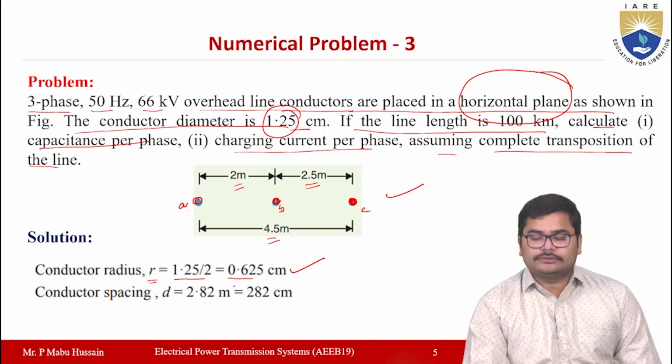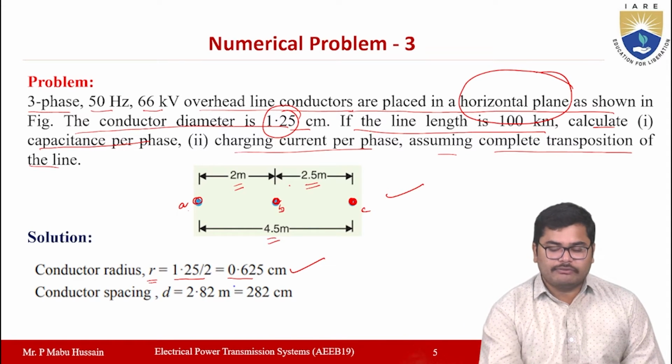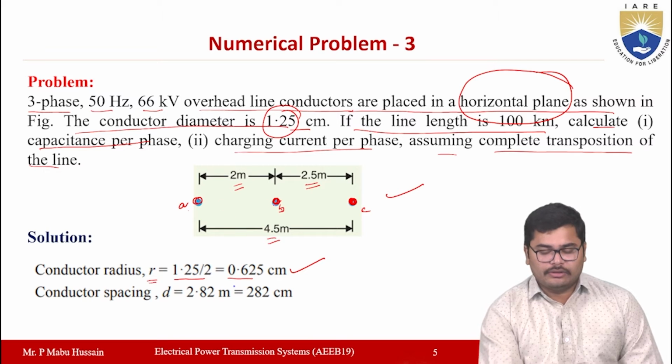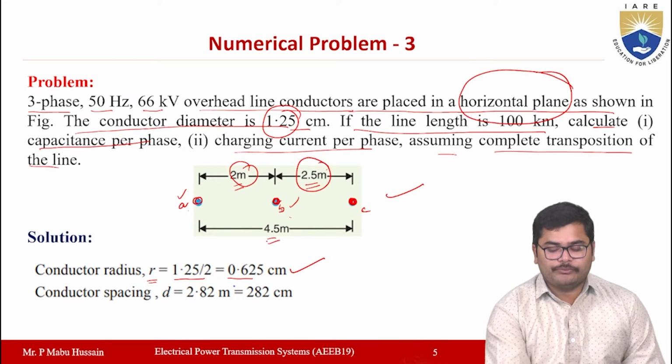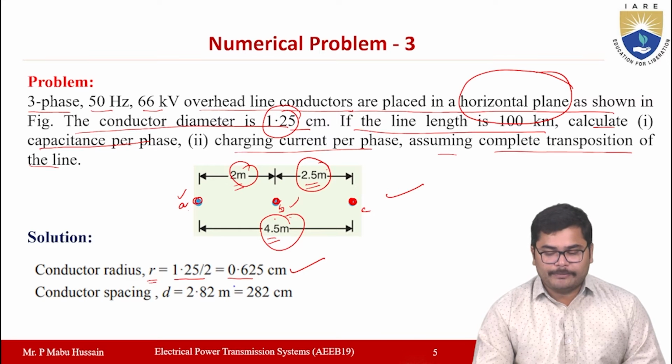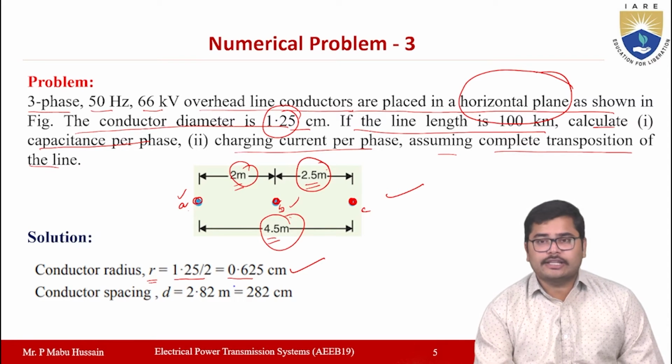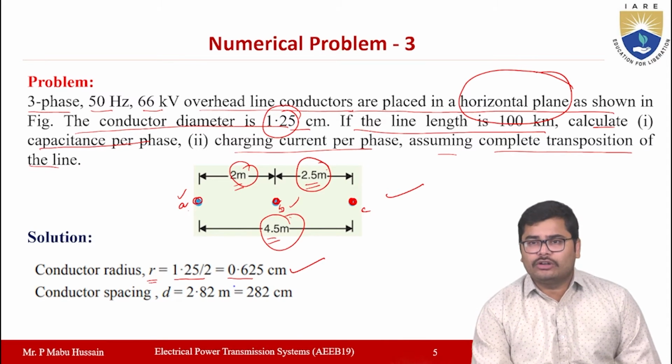The conductor spacing is different for different conductors. If you take conductors A and B, the distance is 2 meters, B and C is 2.5 meters, and A to C is 4.5 meters. So in such a case, how can you calculate the capacitance?